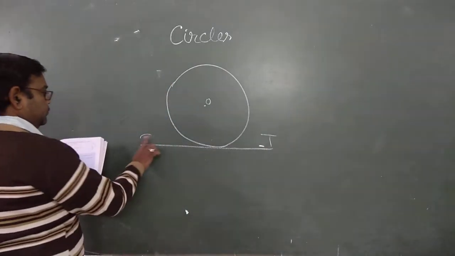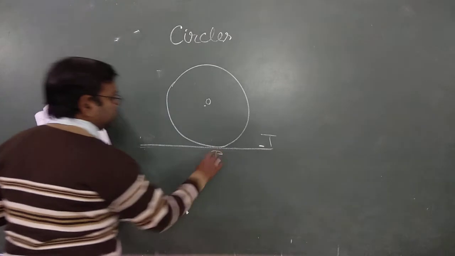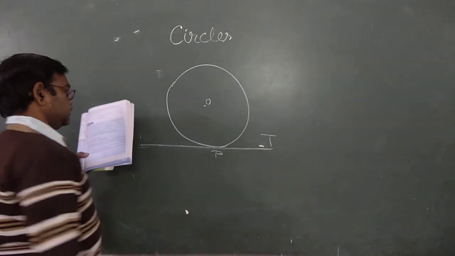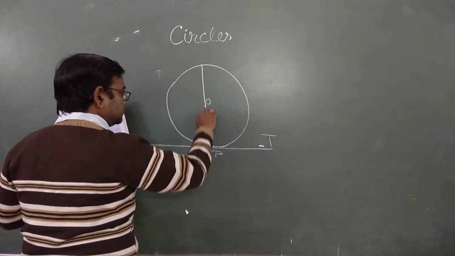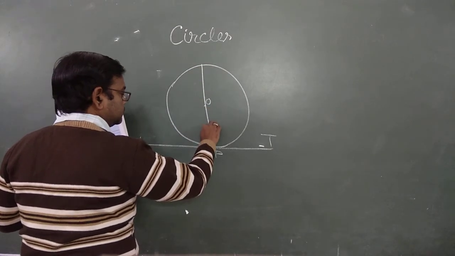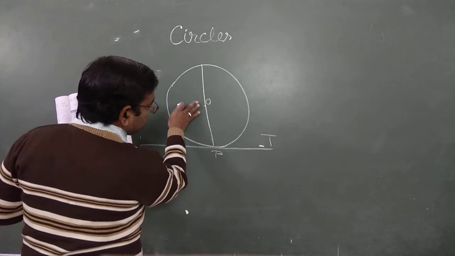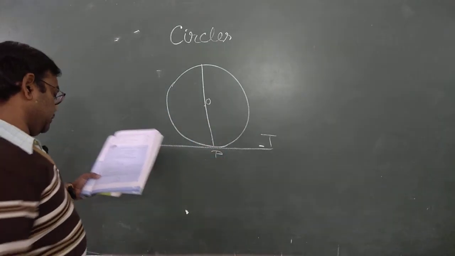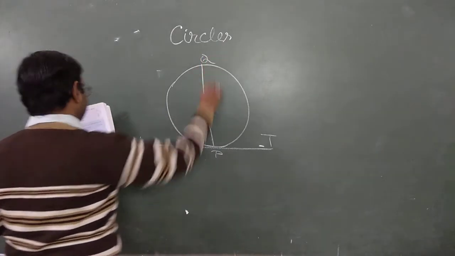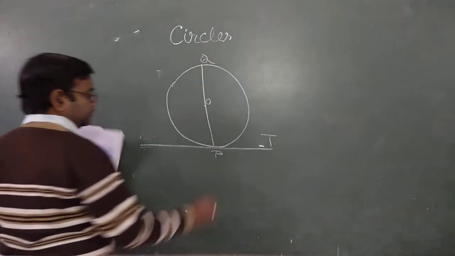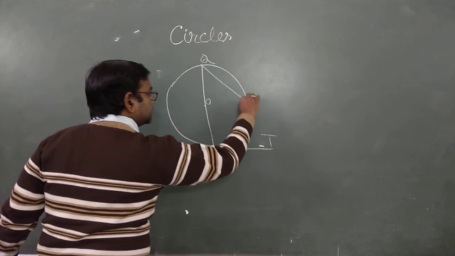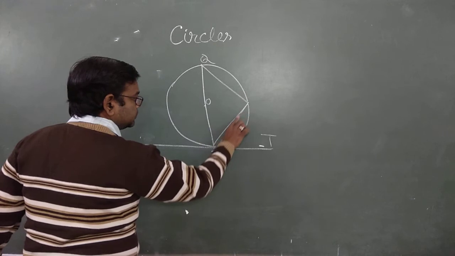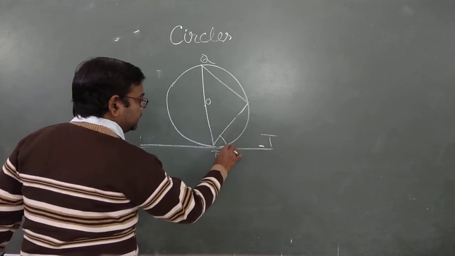Clear? It touches at point P, and we have a diameter. It doesn't look like a diameter, it's a little bit curvy, please avoid it. PQ is a diameter, and there is an angle in a semicircle, this one. The value of this angle is given to you.